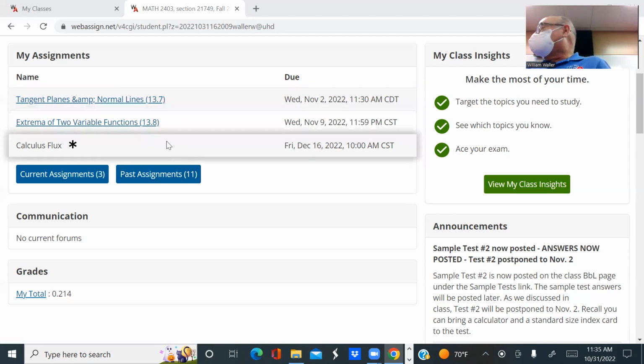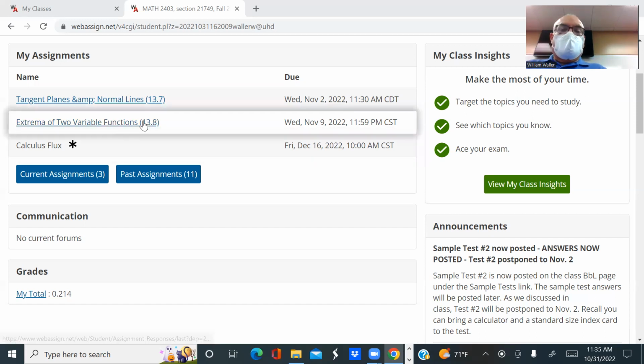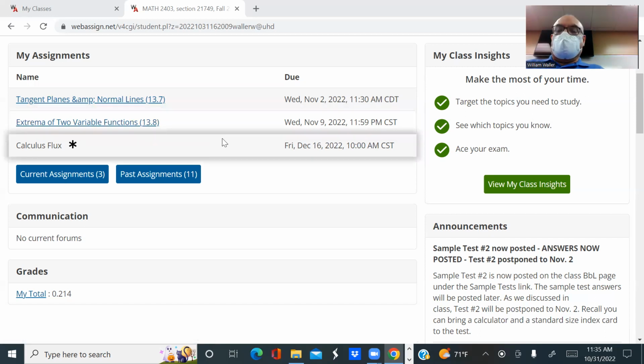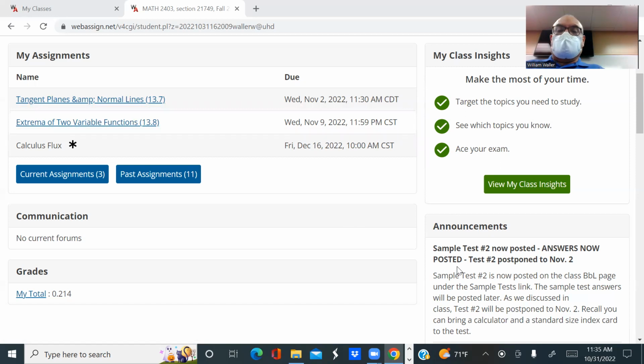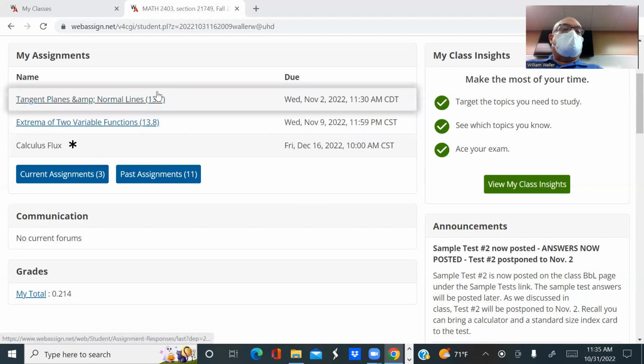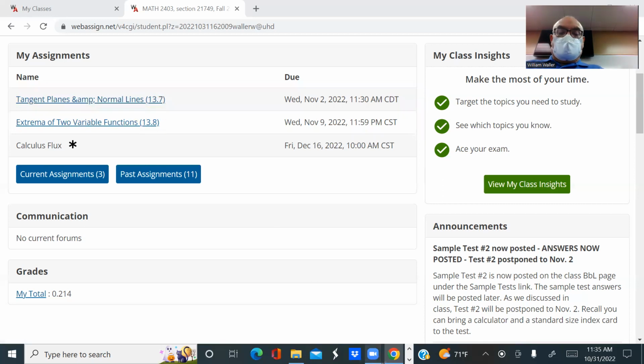That's for next time. So be preparing your survival card and looking at the sample test and the answers to it, and then the review if you want to look at that review that I made of some of the problems on the sample test. Let me see if I can find that review.